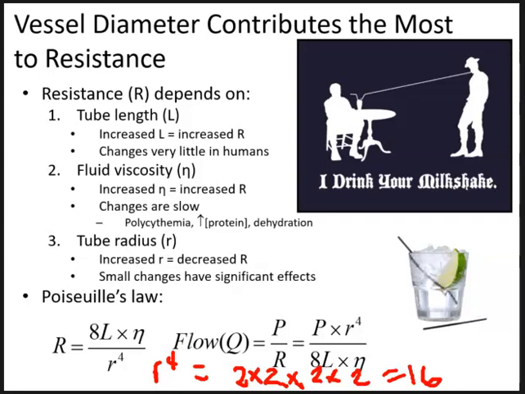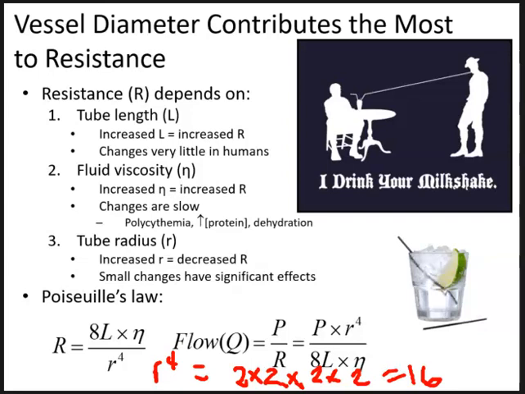And because we know that the radius is inversely proportionate to resistance, if we have a 16 times increase in radius, we'll have a 16 times decrease in resistance.